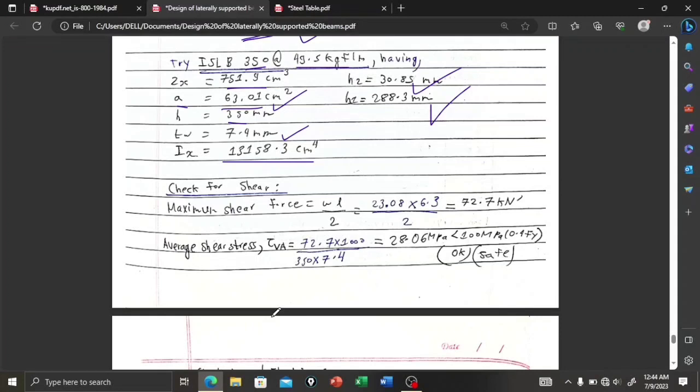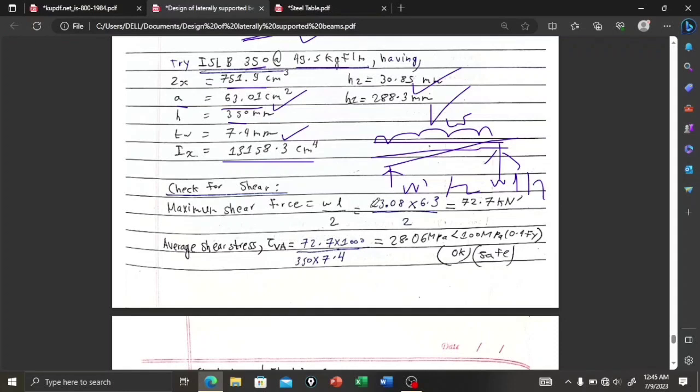Check for shear. Maximum shear is WL divided by 2. If this is the beam, with W and this length, then W into length is the load, and here will be WL divided by 2, and here will also be WL divided by 2.